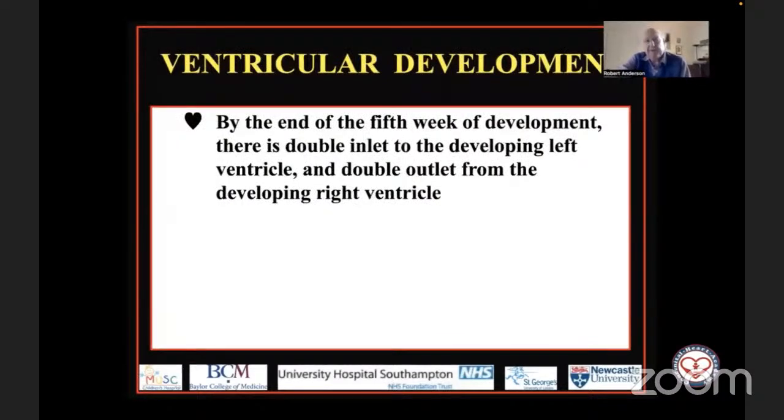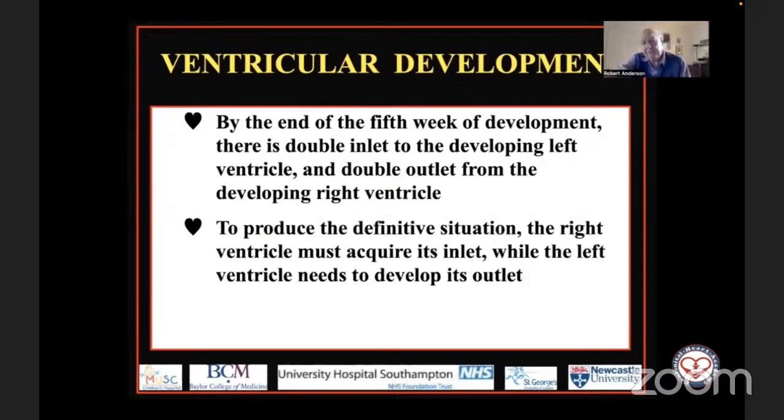So let me summarize for you the situation at the moment. We are coming towards the end of the 5th week of development. And at this stage, because the AV canal opens only to the left ventricle, the outlet arises only from the right ventricle. Essentially, we've got double inlet or common inlet to the left ventricle, and double outlet or common outlet from the right ventricle.